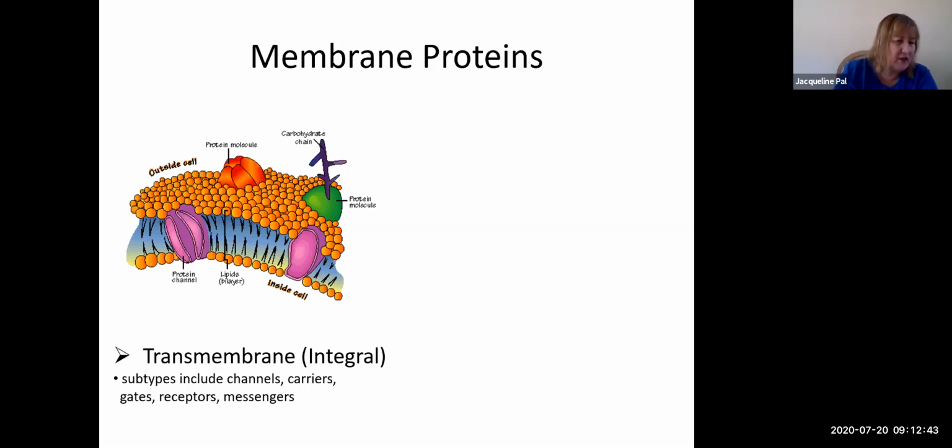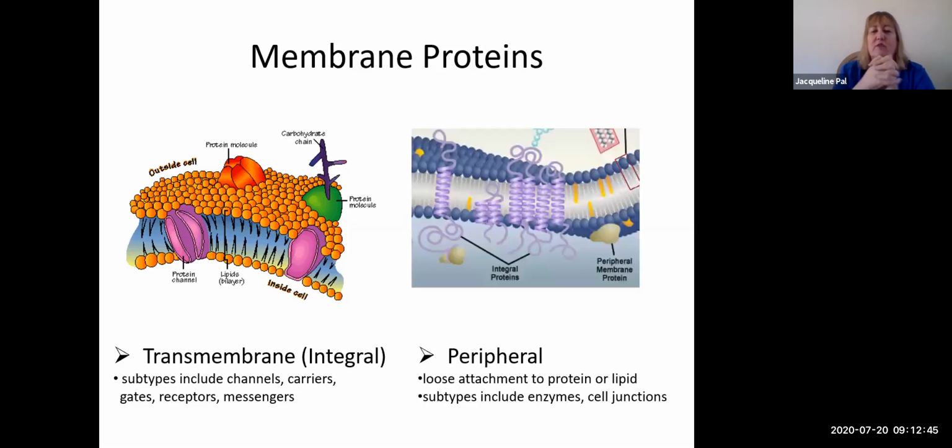That alludes to the other type of protein, called a peripheral protein, which can be on the outside of the cell, attached to the heads, or attached on the inside of the cell. They have a loose attachment, so you can kind of flick them off. This is what enzymes and some of our cell junctions, which we'll talk about later, are.